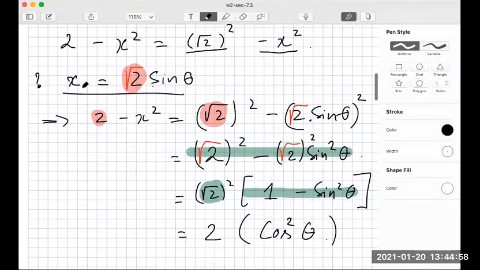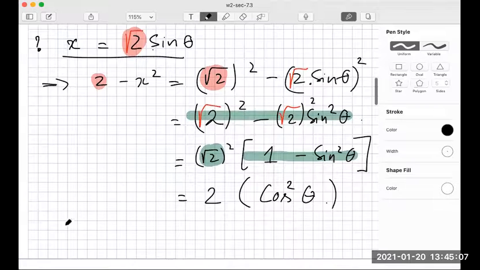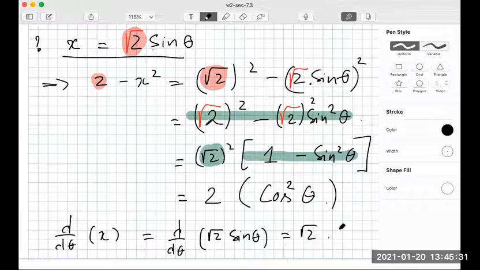Remember, if we write x as square root of 2 sine theta, we take the derivative with respect to theta of the variable x here. It is the same as d over d theta of square root of 2 sine theta, right? Therefore, what is it here? Square root of 2 is a constant with respect to the theta variable.